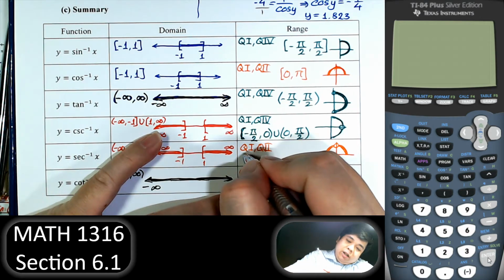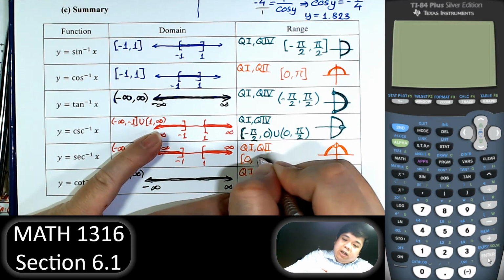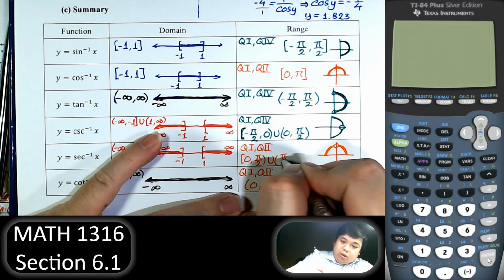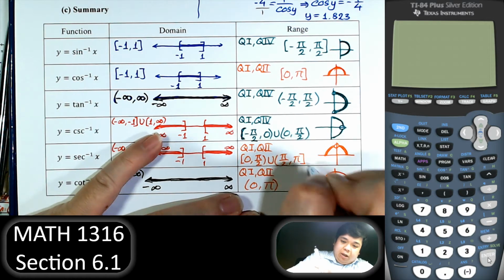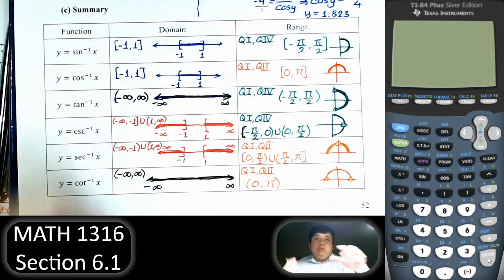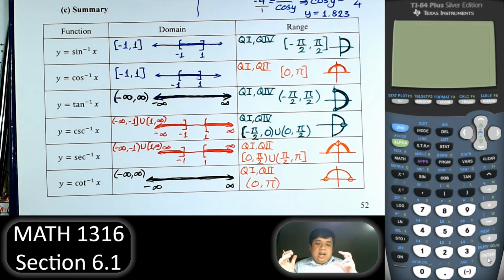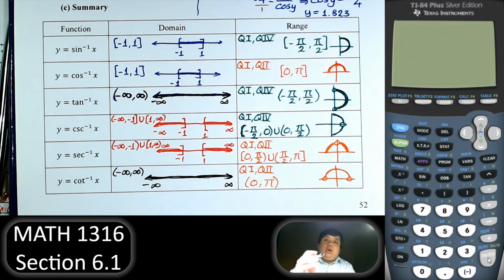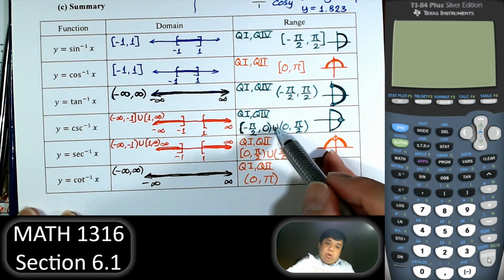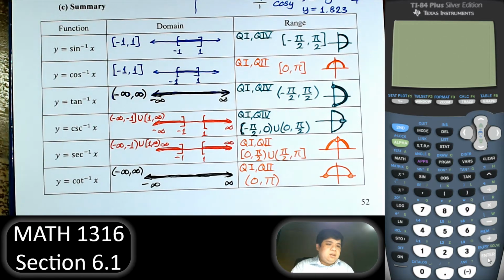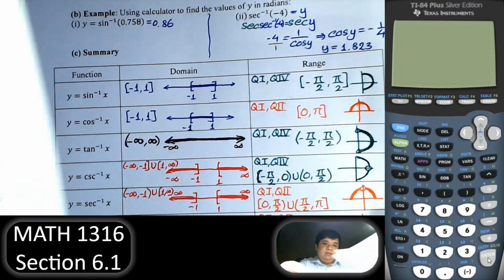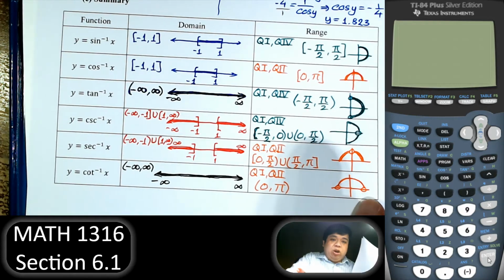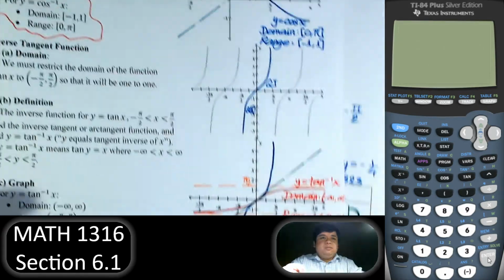So we write from 0 to pi over 2, the midpoint, union the midpoint to pi. So sine, cosine, we have the full quadrant. Tangent, cotangent, missing the endpoints. Secant, cosecant, missing the midpoint. So those are the summaries of the inverse trigonometric functions. So it's not that bad.